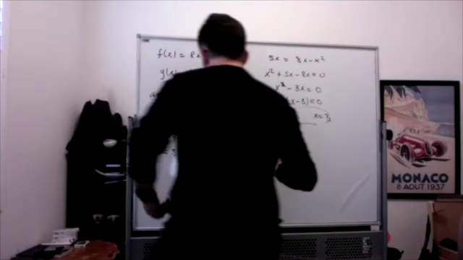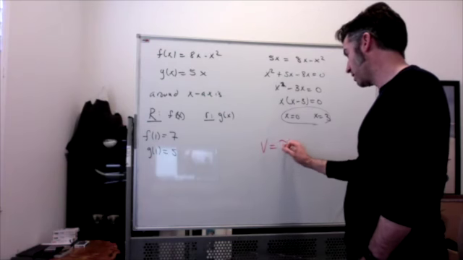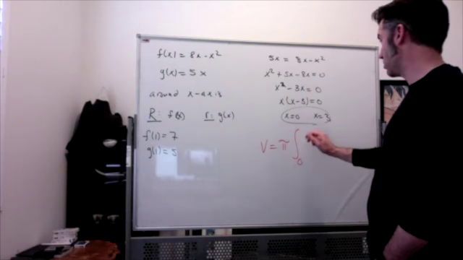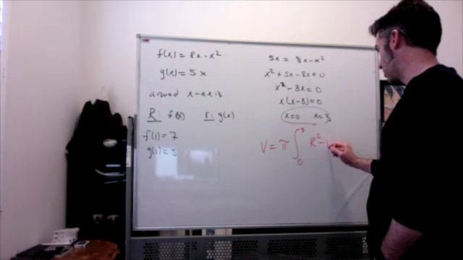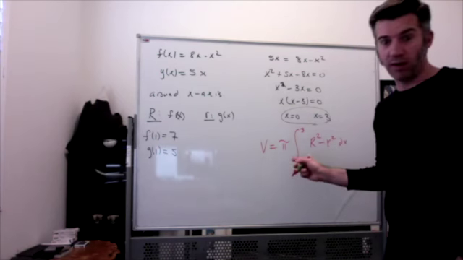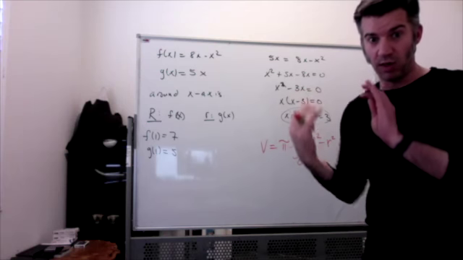So then, the integral for the volume is going to be pi times the integral from 0 to 3 of your big radius squared minus your little radius squared. Do be careful. You have to square them before you subtract them. It can't be big R minus little r quantity squared.